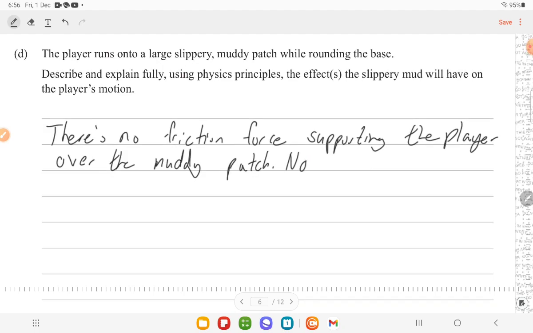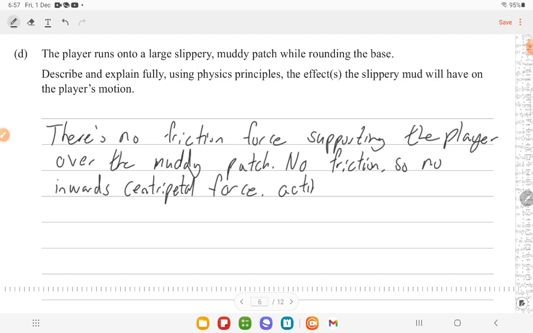No friction. So no centripetal force acting on the player.